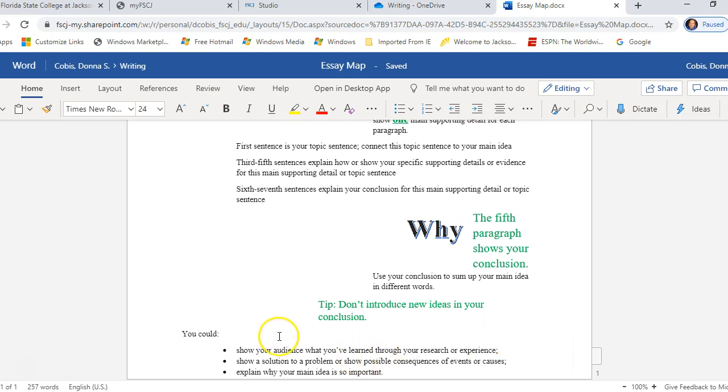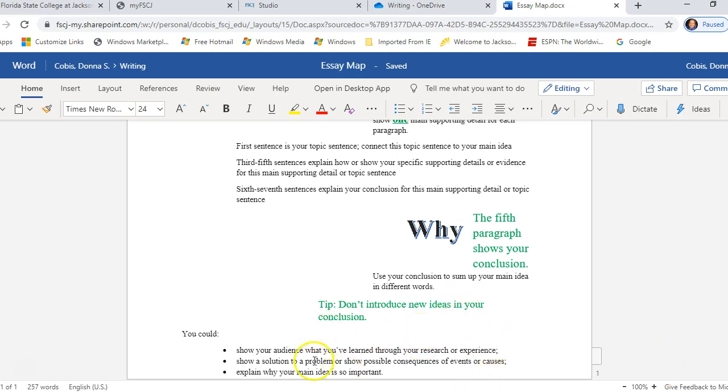If you're writing some kind of essay for business class or eventually for your supervisor at a job, you might be asked to develop a solution to some type of problem. So this conclusion that you'll write will offer that solution because you want to be considered for that raise or that promotion when it becomes available.